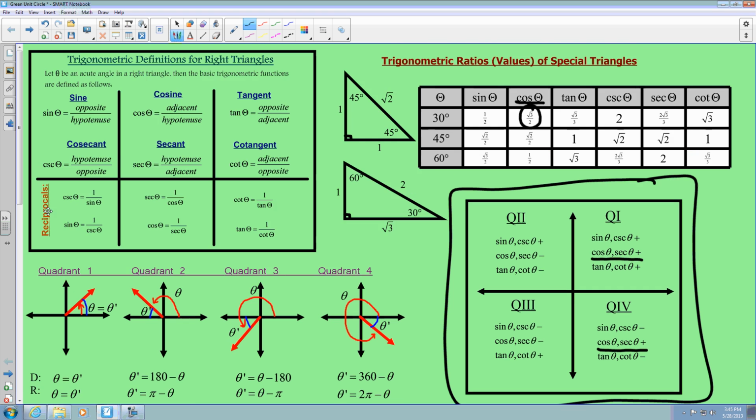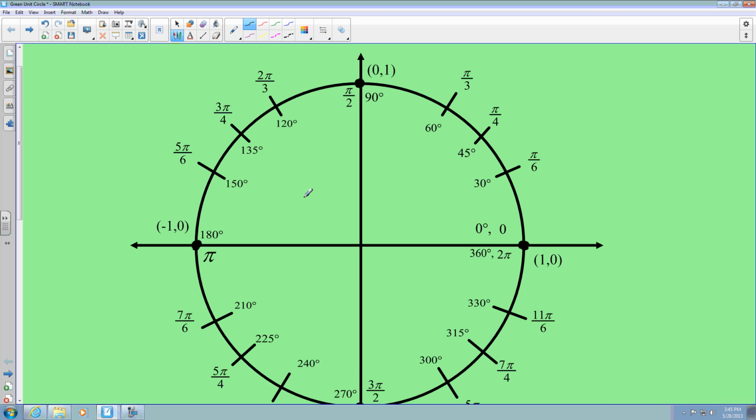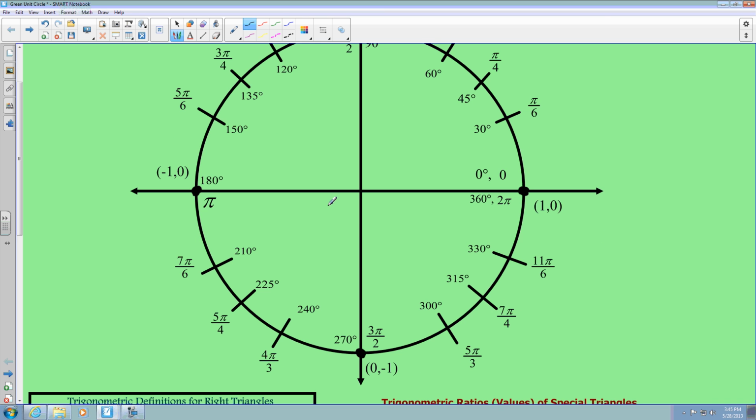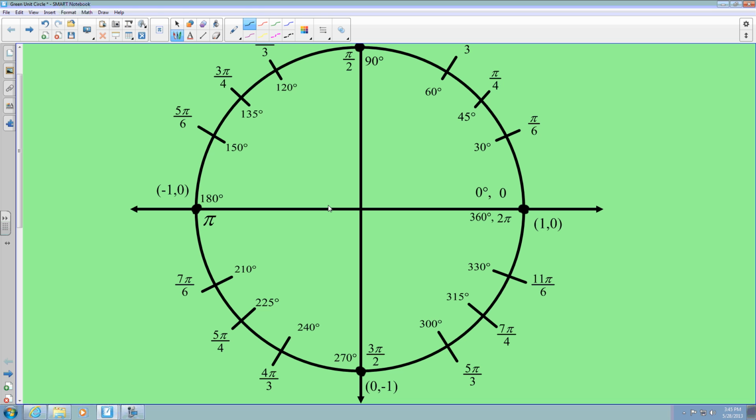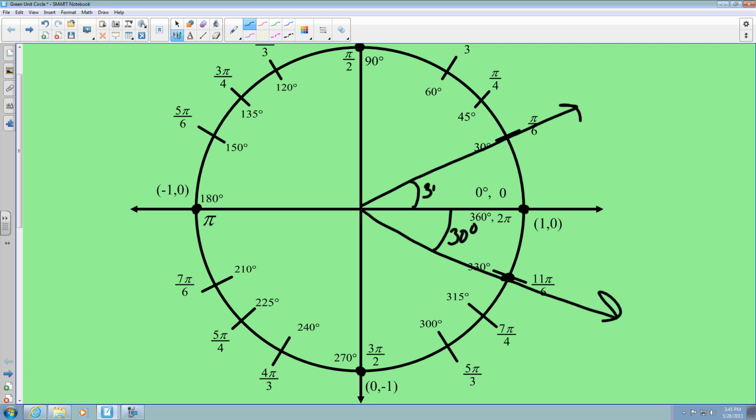Let's say we go up to the unit circle here, and we figured out that our one reference angle is right here. Well, I know that the other reference angle will come up here, right at 11 pi over 6, because this reference angle will give you 30 degrees, just like this one will.